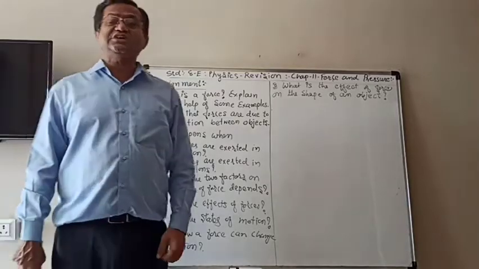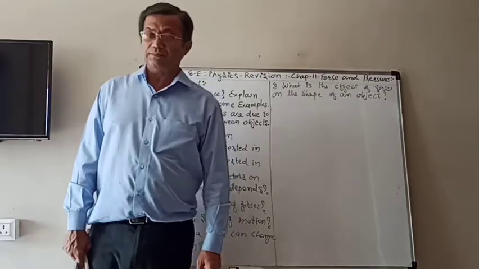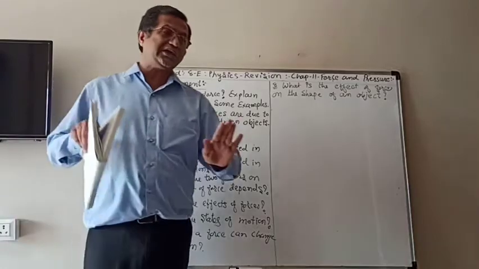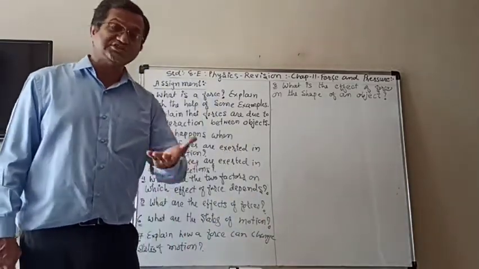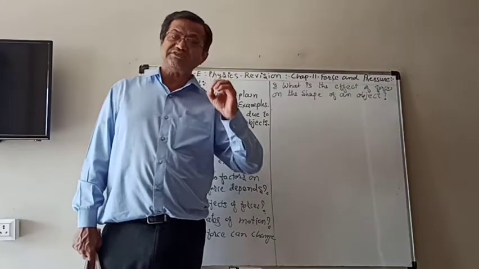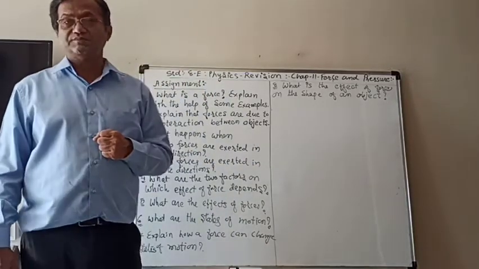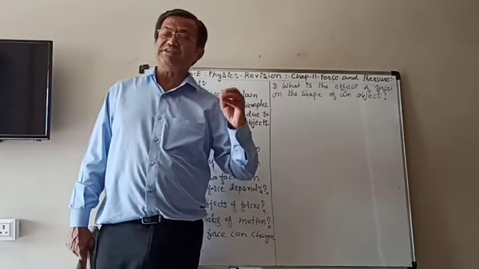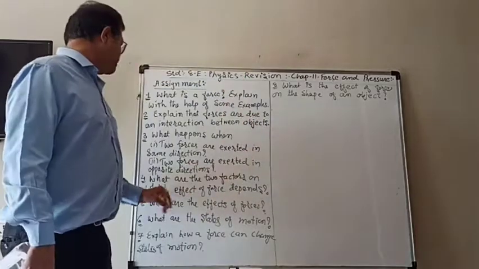Similarly, in your kitchen, when you make dough to make roti, if you press it or roll it with your rolling pin, what happens? It changes shape. So force can change the shape of an object. Those are the different changes that can happen in an object when we apply force.